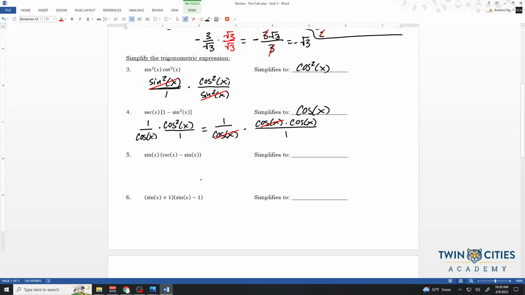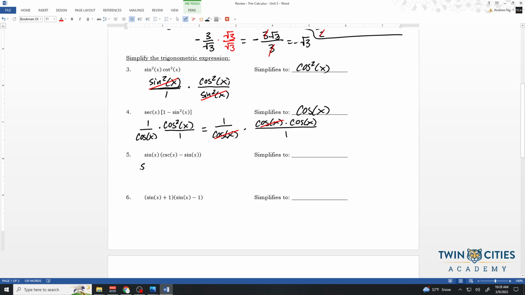All right, number 5. Sine of x times the quantity cosecant of x minus sine of x. Okay, so this will be to write everything out in sines and cosines. I know that I've got a cosecant here. That cosecant is going to be the reciprocal of sine, so I can write this as 1 over sine.